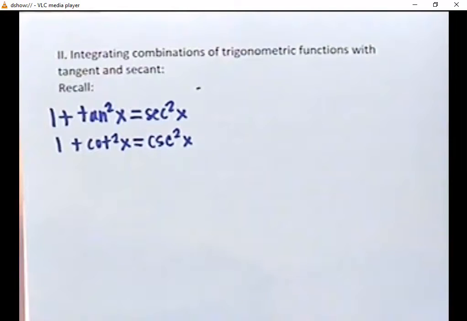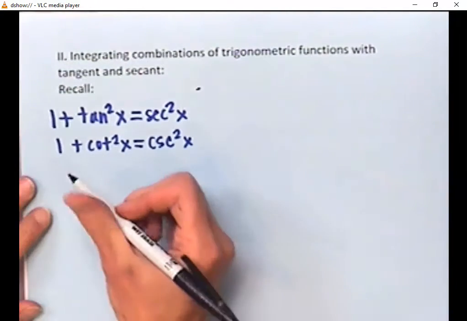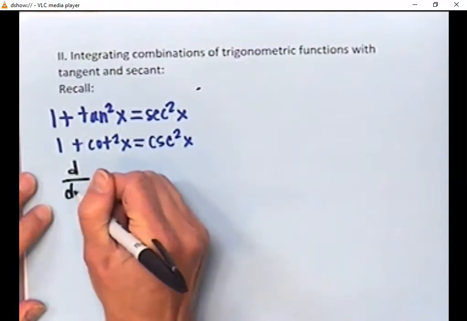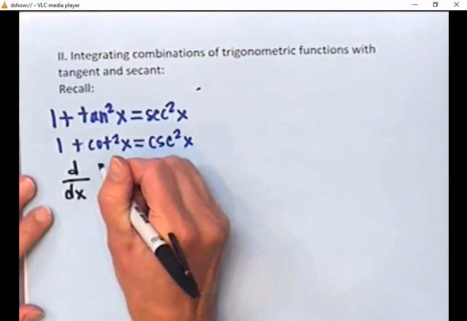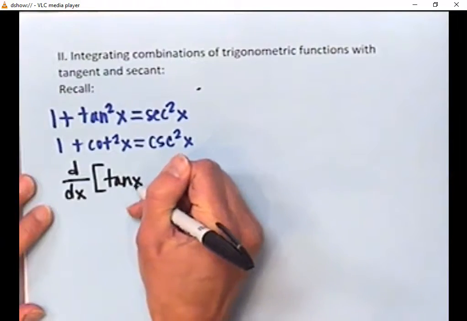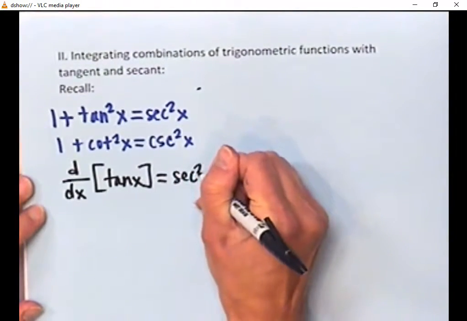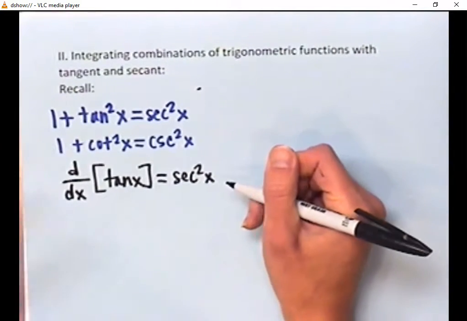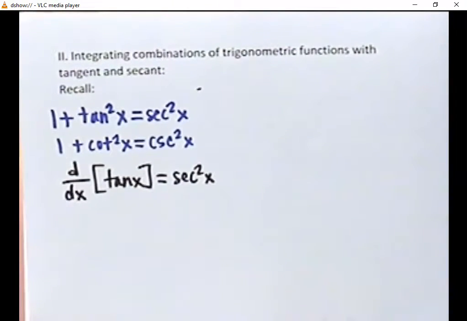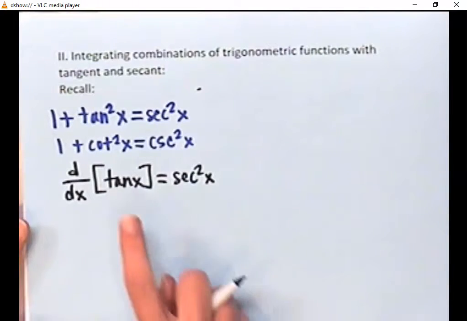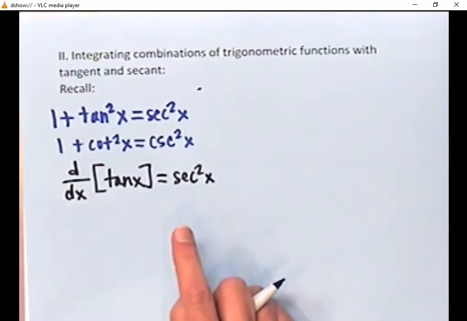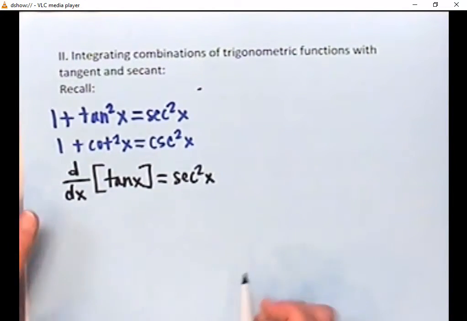The other thing you should know is the relationship between tangent and secant and their derivatives. I'll just remind you of those. What's the derivative of tangent? Secant squared. That's something we'd want to watch for if we're going to do some sort of substitution. If we let u be tangent, then I better have some secant squared showing up.